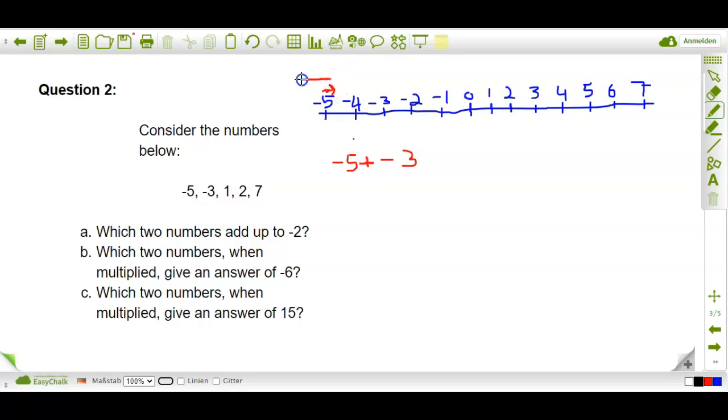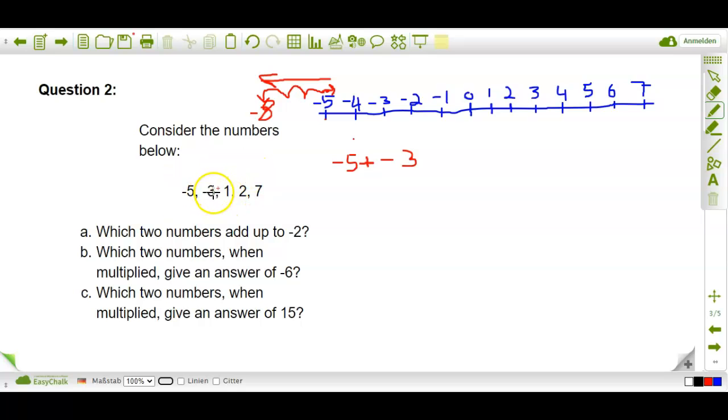So that would take us -6, -7, -8. Since we get -8, the two numbers cannot be -5 and -3, because adding both of them would give us -8.